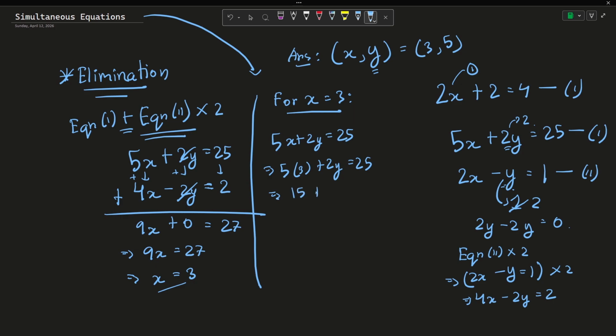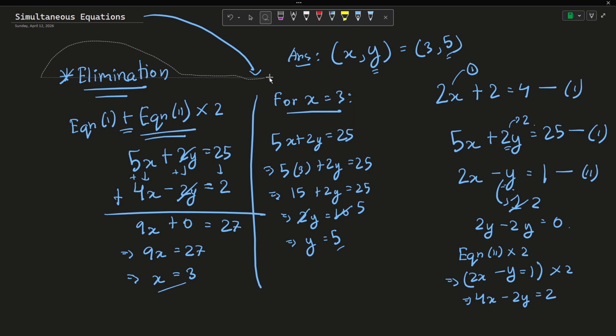So that leaves us with 15 plus 2y is equal to 25. If I subtract 15 from both sides, that leaves us with 2y is equal to 10. And if we divide both sides by 2, we get y is equal to 5. So as you guys can see, the value of y is still the same. This proves that it doesn't really matter in which equation you put the value of x. It will still give the same result.